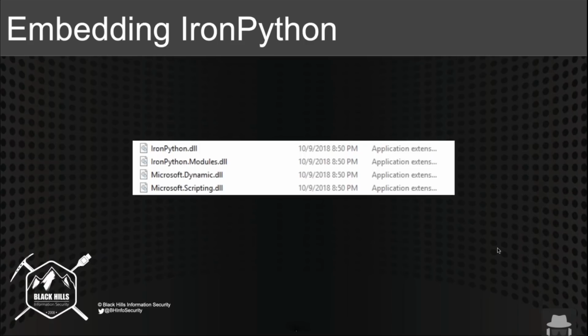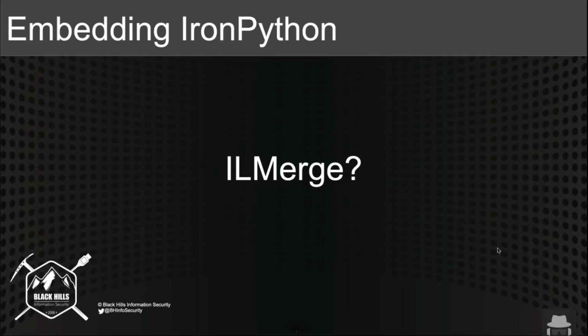Okay, so traditionally, the way you did this in .NET, in C# specifically, is to use something called ILMerge. ILMerge, at a really high level, takes all the assemblies that your C# executable needs to run and merges them into a single binary itself, okay?